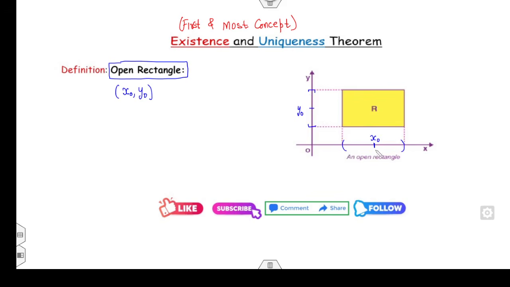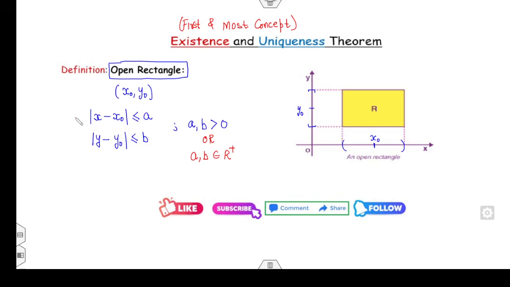Choice on you. I can define this interval as |x minus x naught| is less than or equal to a, and |y minus y naught| is less than or equal to b, where a and b are positive numbers. Fine.